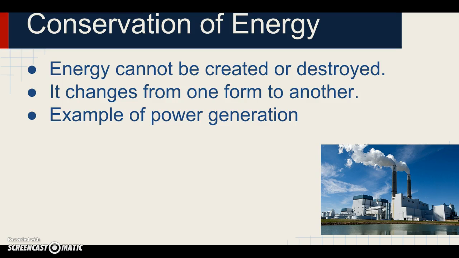That steam will turn a turbine, a giant fan blade, which will then produce electricity. So now we've got electrical energy. That electricity will move through wires to your home, where you could, for example, power a light bulb. And now we've got heat and radiant energy being produced there. So things just change from one form to another.